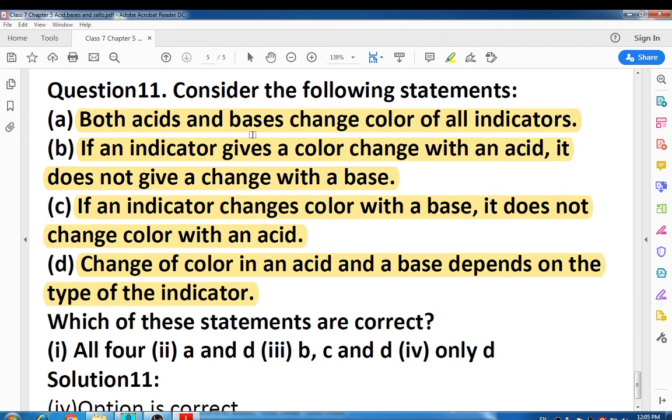Because both acids and bases change color of all indicators, no. We have seen the experiments. Second one, if the indicator changes color with the acid, it does not change with the base, that is also not possible. Same with C. So only option D is remaining and option D is correct.